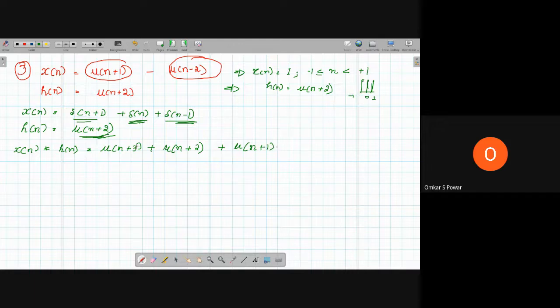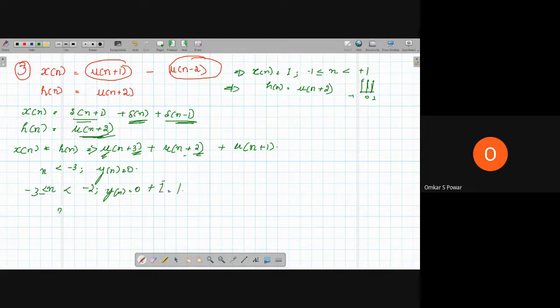Now again you have to write like before to plot this one. For n less than minus 3, y of n is equal to 0. I will go fast here, because it's the same thing I'm repeating. For minus 3 to minus 2, y of n is equal to 0 plus, what is the magnitude? 1.